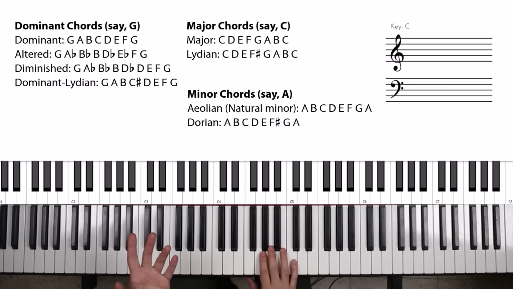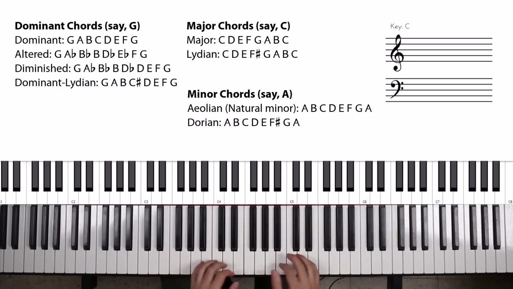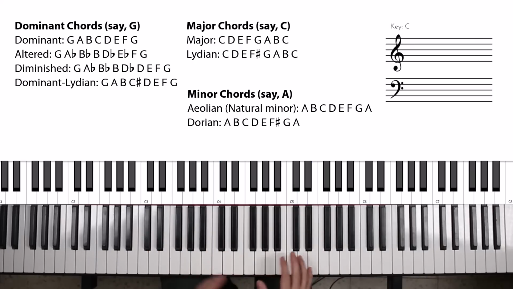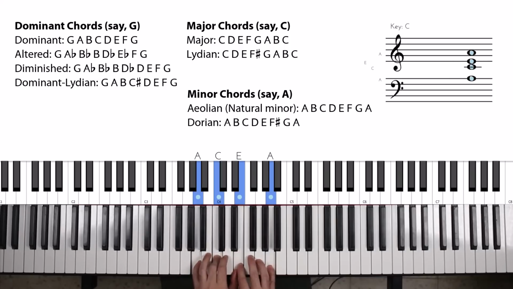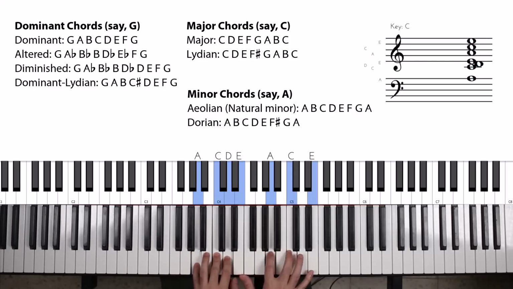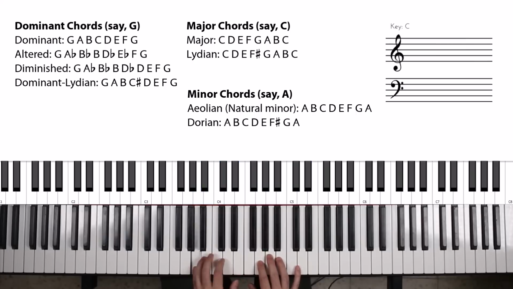The last chord type that is worth mentioning is a minor chord. Let's say you want to play an A minor. And in this case, you will find a few different combinations. You could say that you're either playing a natural minor or a melodic minor, which again has an avoid note, which is the 6th degree.